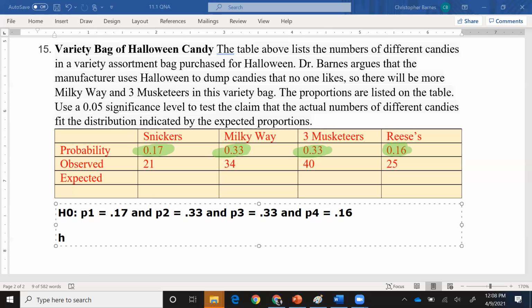So our alternative hypothesis would be that one or more will not be as expected. You could put it in fancy language, but essentially we can disprove the null hypothesis if one or more of these are not as we predict.